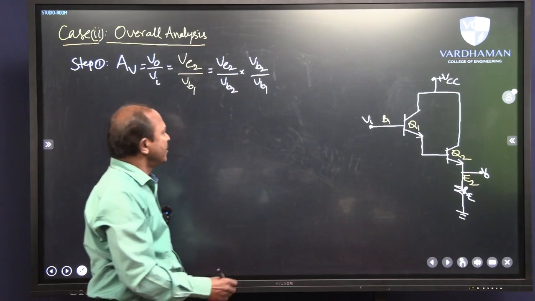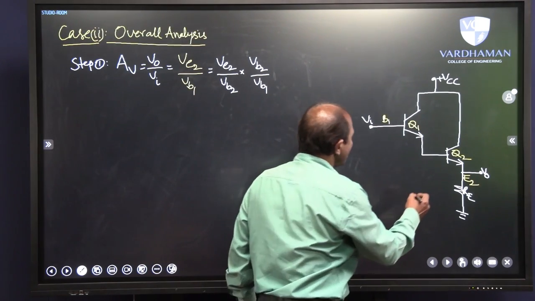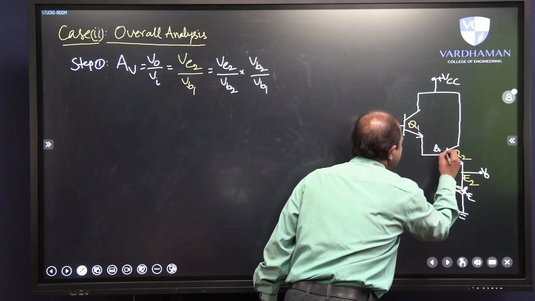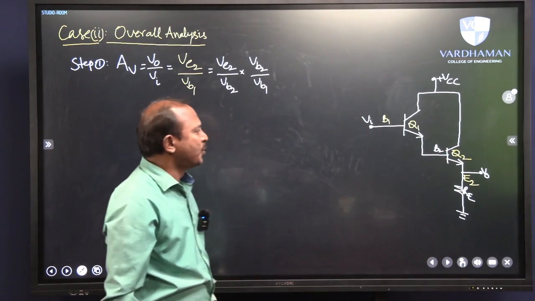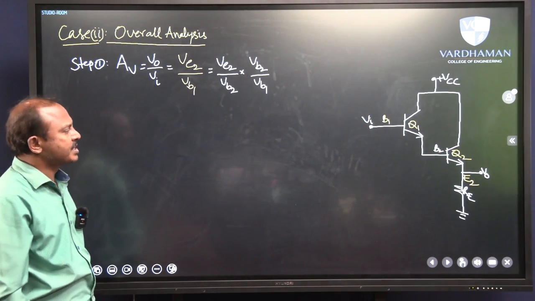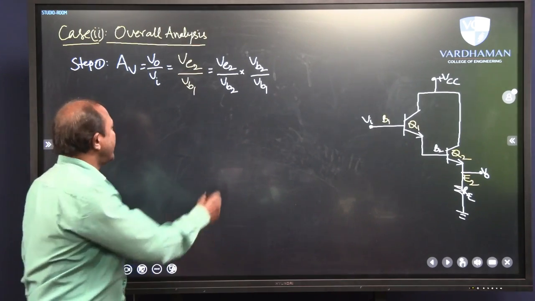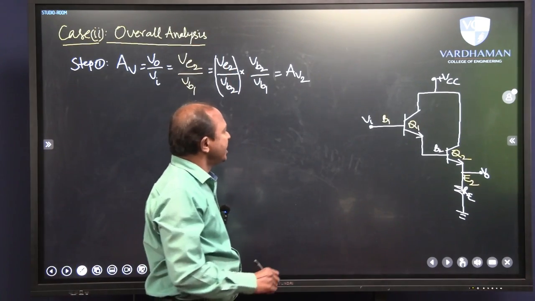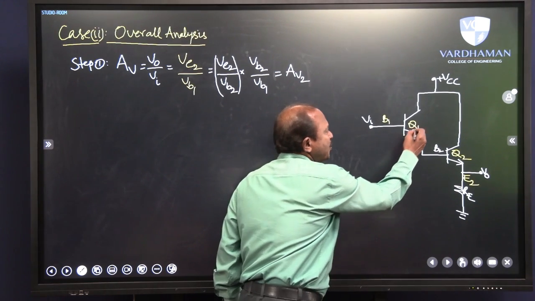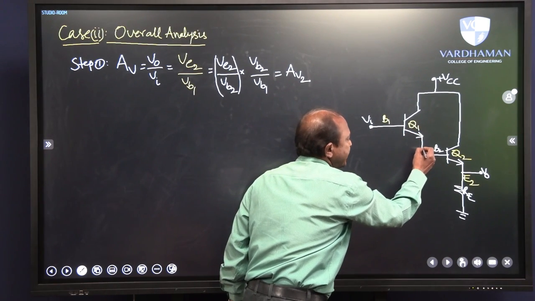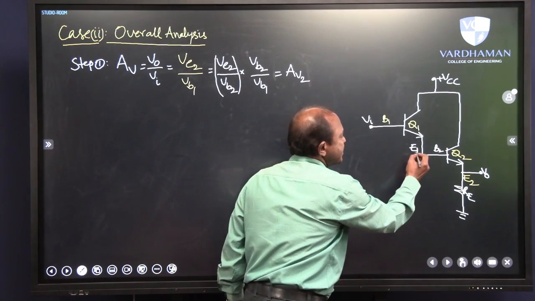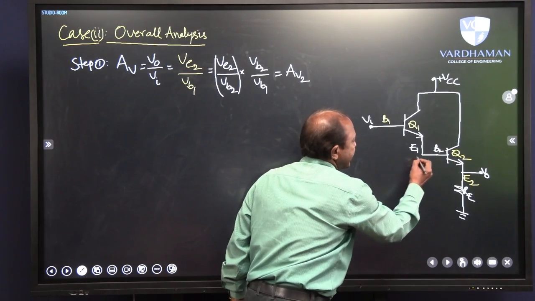But we know base voltage of second transistor is VB2. Output voltage of second transistor is VE2. So VE2 by VB2 is nothing but AV2. At the same time, if you carefully observe, the output voltage of first transistor is emitter voltage, VE1, and is simply equal to base voltage of second transistor, VB2.